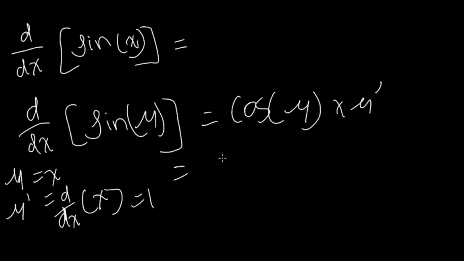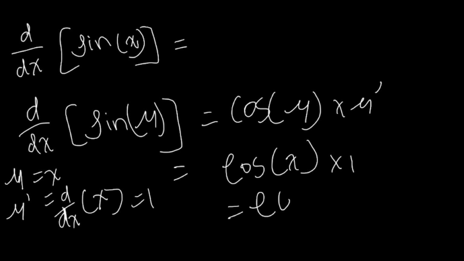So we plug into the formula and we get cosine of x, because u is equivalent to x, times 1, and that's just cosine of x as your final answer.